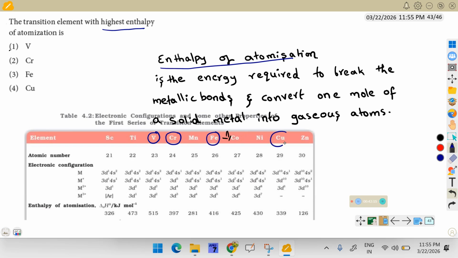Which enthalpy of atomization is more? In the 3d series, vanadium's enthalpy of atomization is more and zinc's is less. So here the correct answer is the first option.